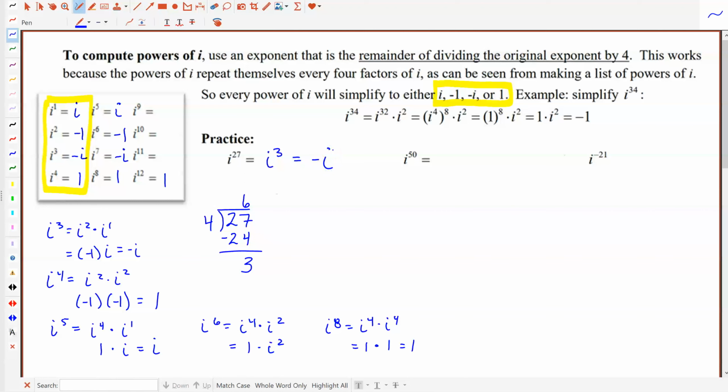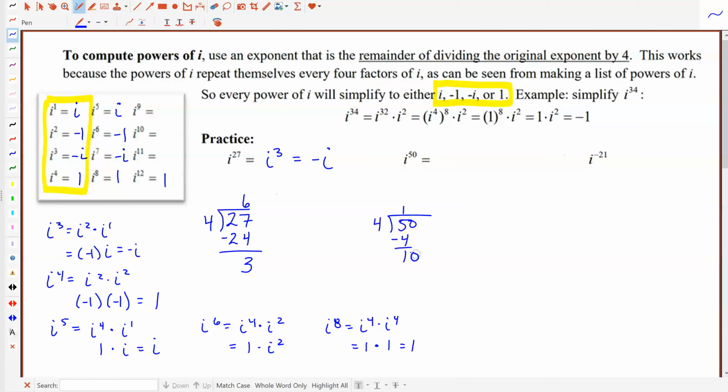Try the i to the 50th power on your own in a moment, and let's see which one you get it simplified to. So pause this and take a moment to work through the i to the 50th power. All right, so hopefully you tried that one on your own. Let's go ahead and figure out what's going on here. So I'm going to take that exponent and divide it by 4. So 4 goes into 5 once, with 1 left over.